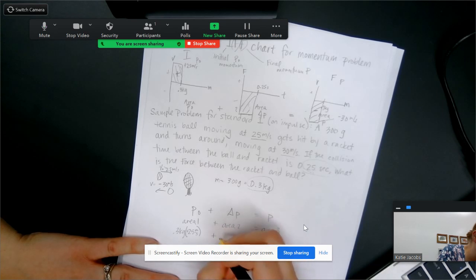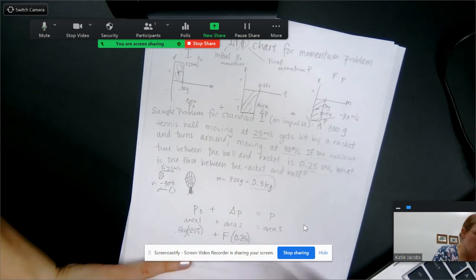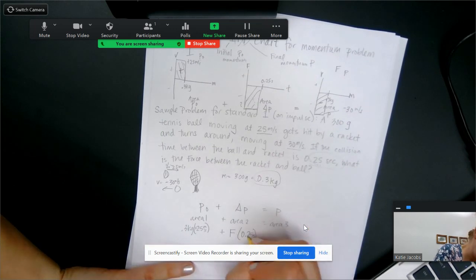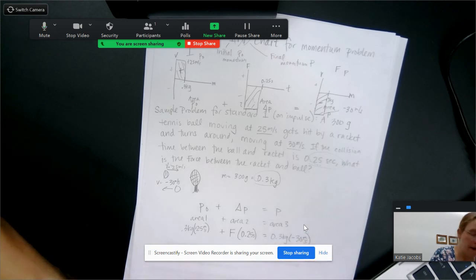Plus force, which is unknown, times time. That's the area of the second graph, force times time. So I got my unknown force, I got my time, equals area 3. This is going to be, again, mass times velocity. The mass is not different, but the velocity is now negative 30 meters per second.